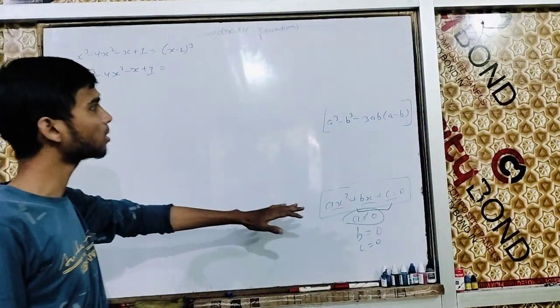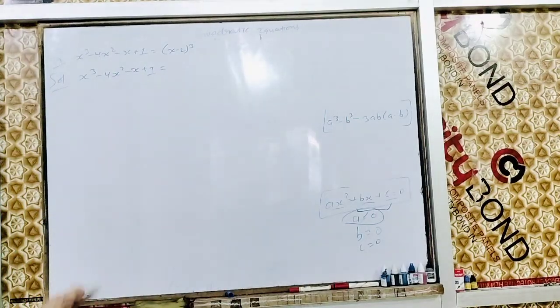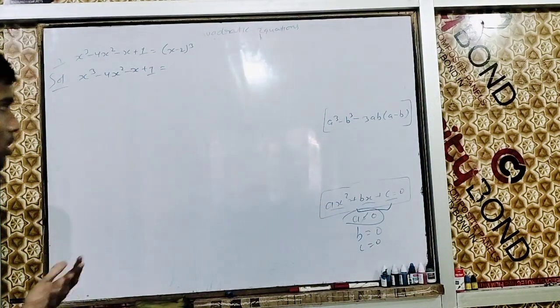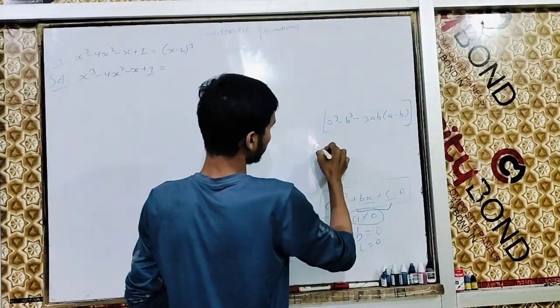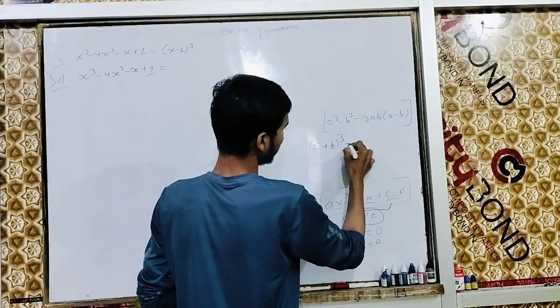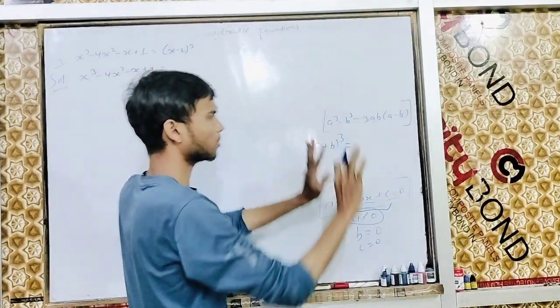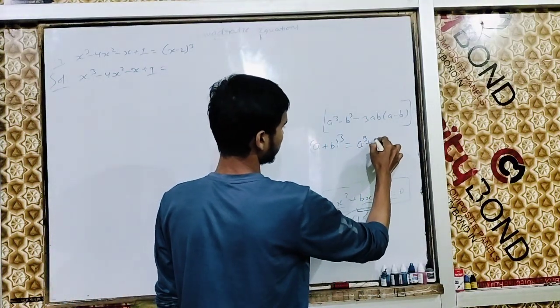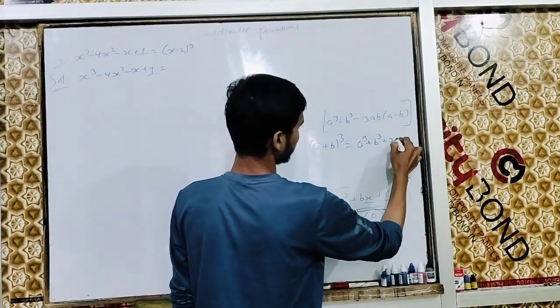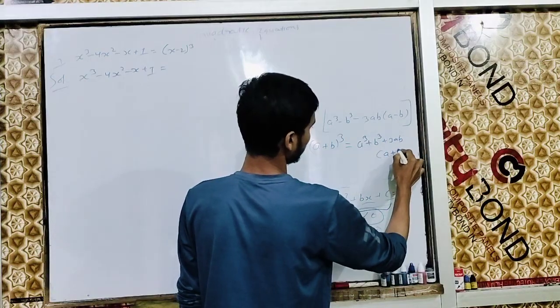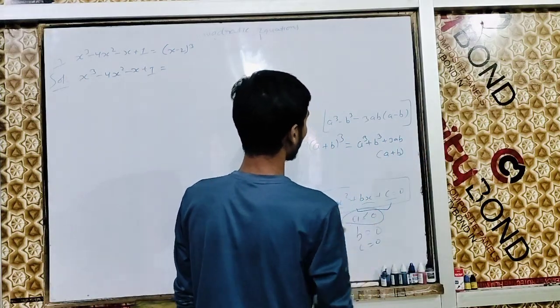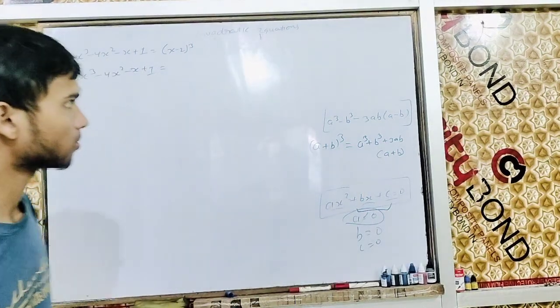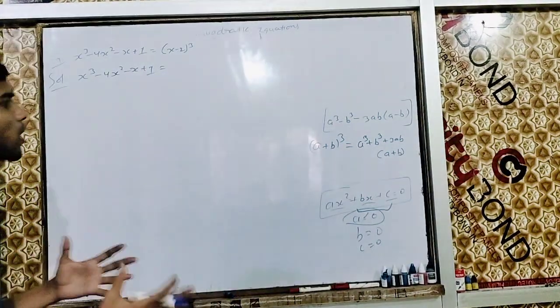In this, what is happening? Just operators are changed. For a plus b raised to power 3, it will be just the same, but the operator would be positive. That's it. Here you can see the difference between them. Just operators are changing.